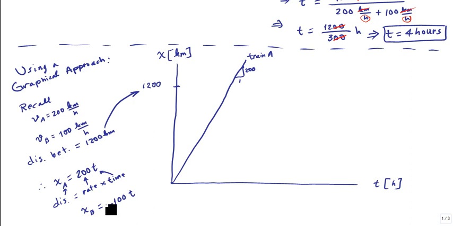And so I'm going to note that this is also a straight line, but it's starting away at 1,200. And so because of all of this, this is like the y-intercept. That means that train B is starting at 1,200 kilometers away from where train A started.